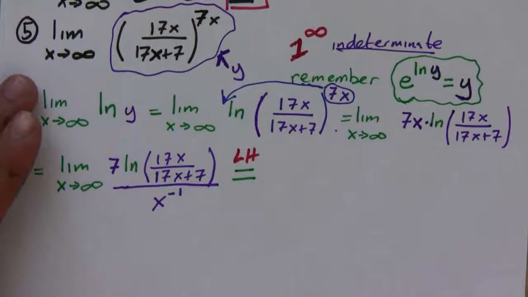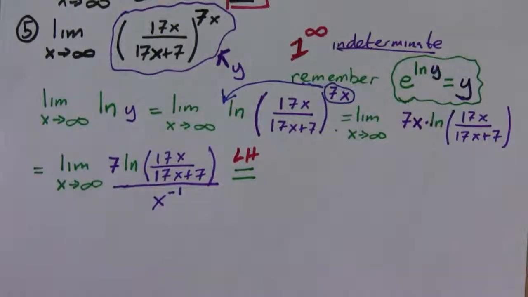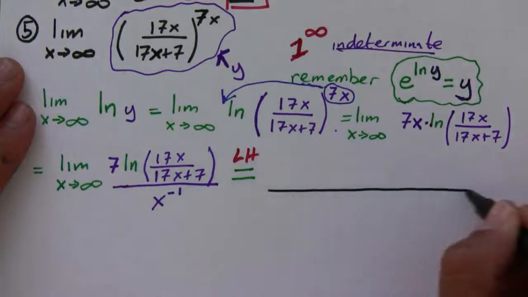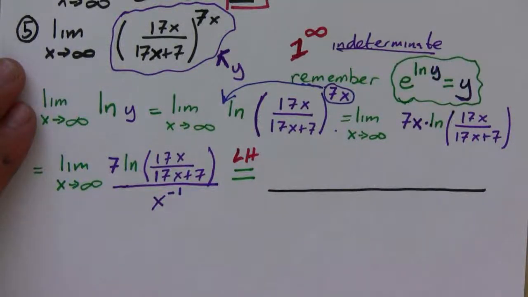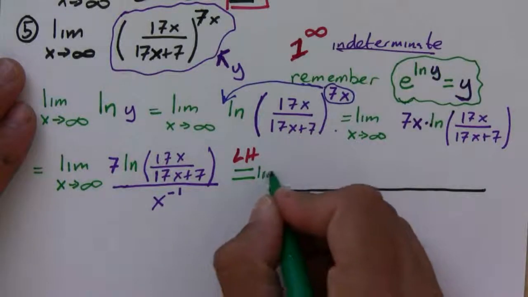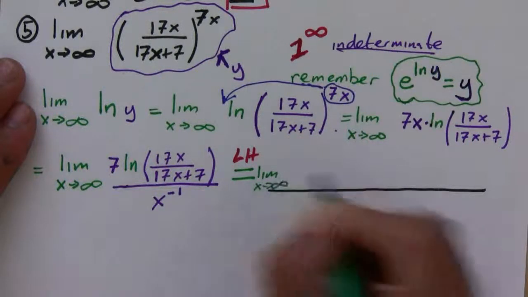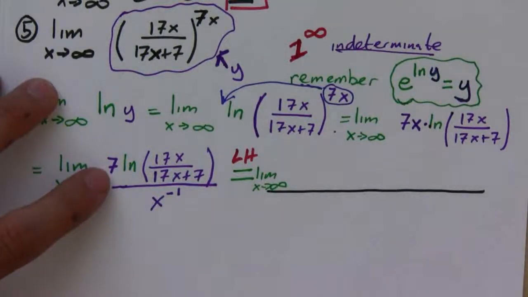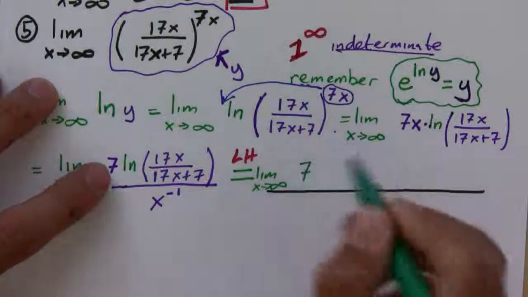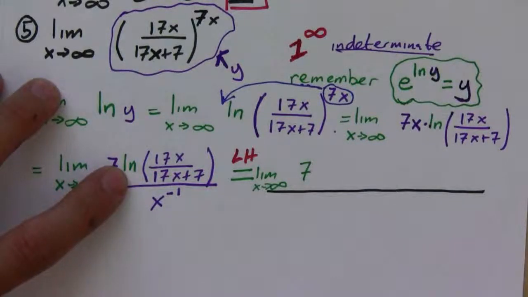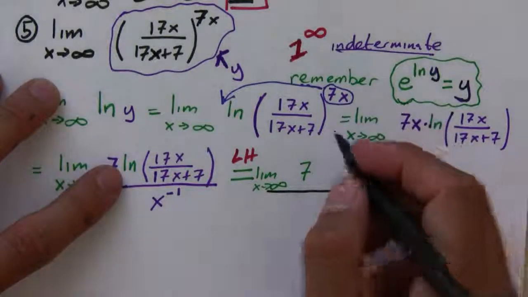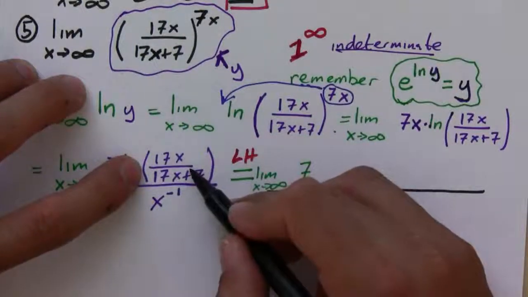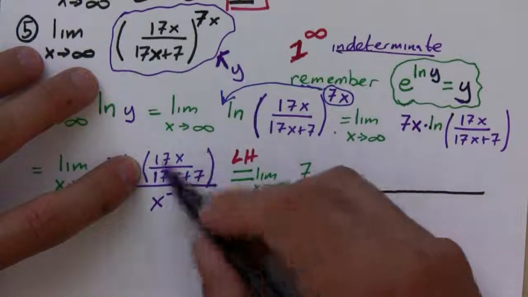Okay, now I'm going to warn you that L'Hopital's rule here is going to be pretty intense. So what we have is the limit as x goes to infinity of 7. I'm just going to leave it there. Now the derivative of natural log is 1 over this whole thing times the derivative of the inside.